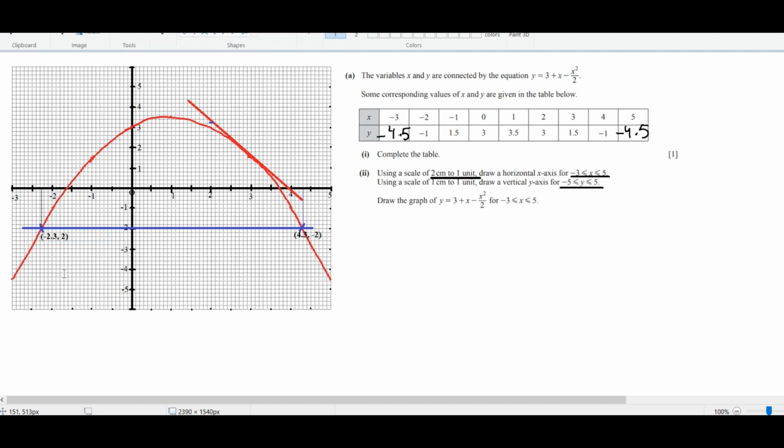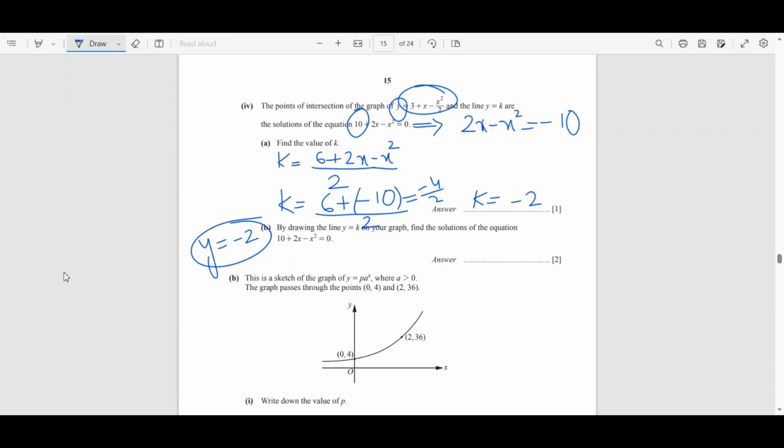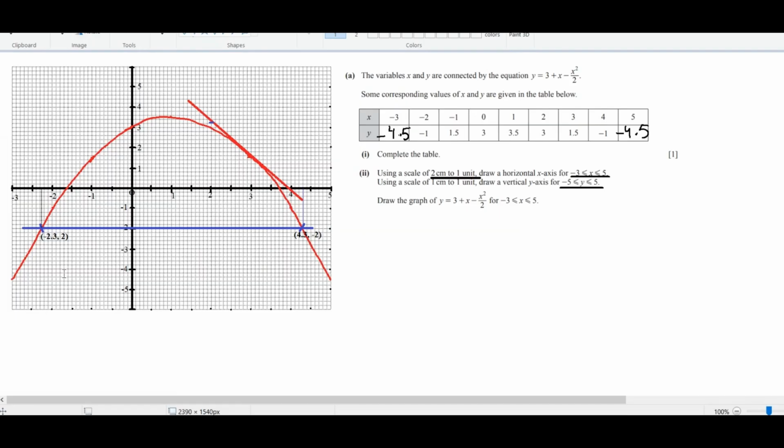Okay, let's read the question again. Find the solutions. Whenever we're talking about the solutions, we just have to write the x values. So the two values we are looking for are negative 2.3 and positive 4.3.